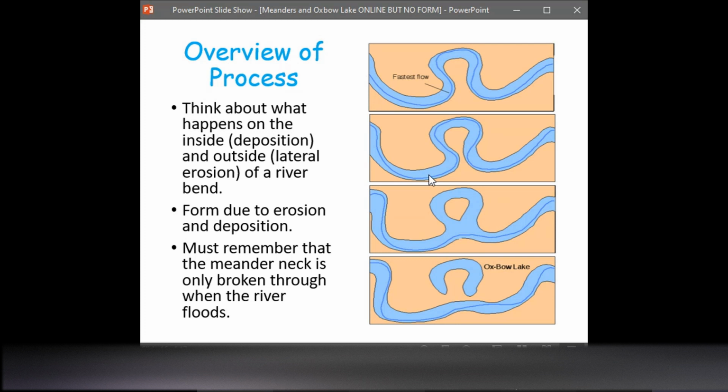So it's a process of both erosion and deposition, so it's not just one. So you must remember that the meander neck is only ever broken through once the river floods.